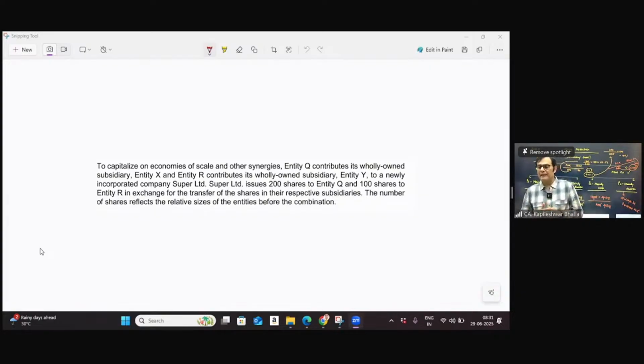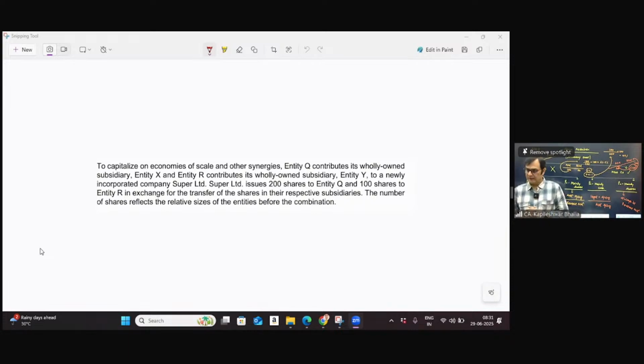It says to capitalize on economies of scale and earn synergy, entity Q contributes its wholly owned subsidiary, entity X, and entity R contributes its wholly owned subsidiary Y to a newly incorporated company Super. Is a new company created?